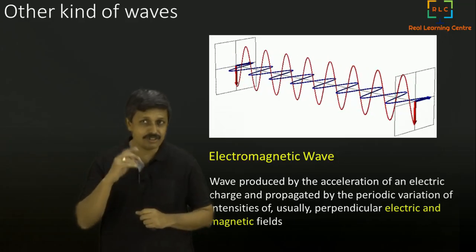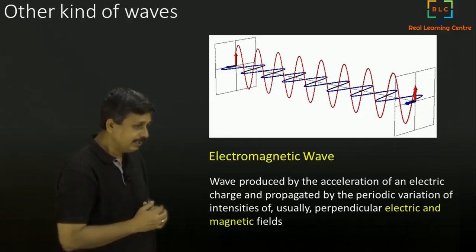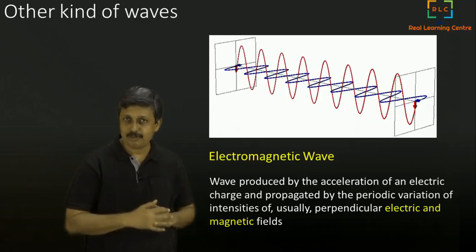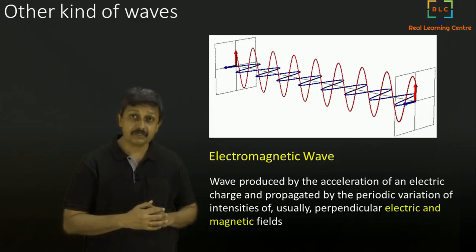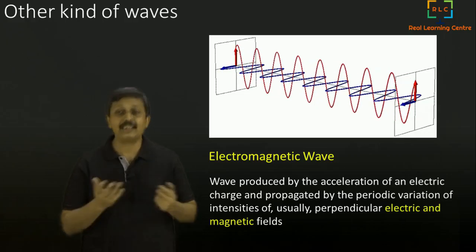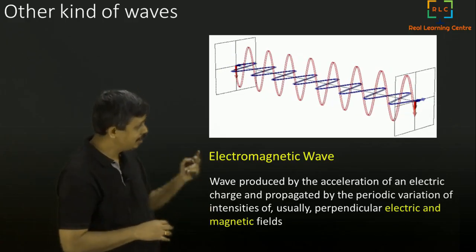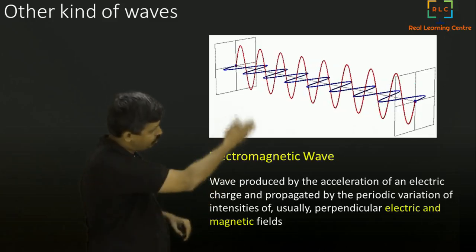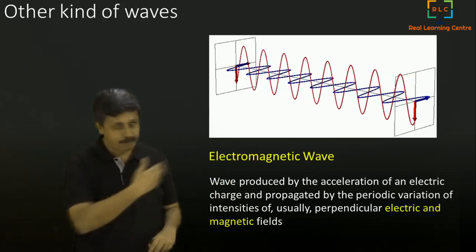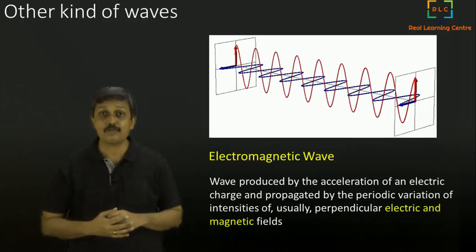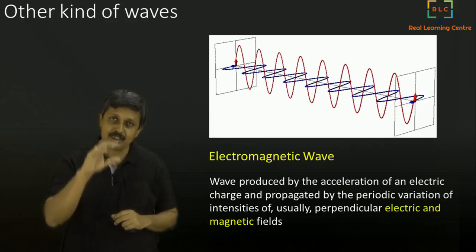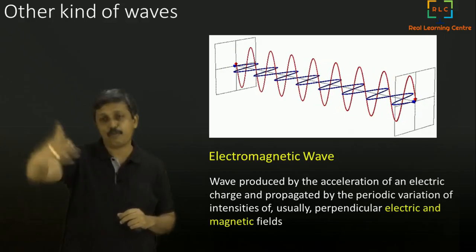What vibrates is very interesting. It is not a displacement of position of some particle in the medium. It is actually the value of electric and magnetic fields, because light is electromagnetic, which means there are electric fields and magnetic fields. You can see that shown there. Perpendicular vibrations are happening between them. The electric field increases and decreases, the magnetic field increases and decreases, and it propagates.